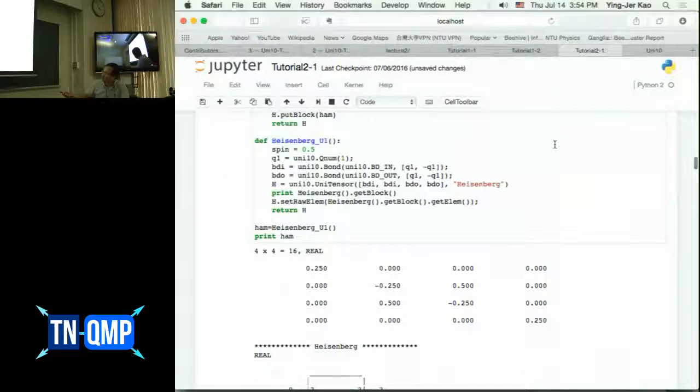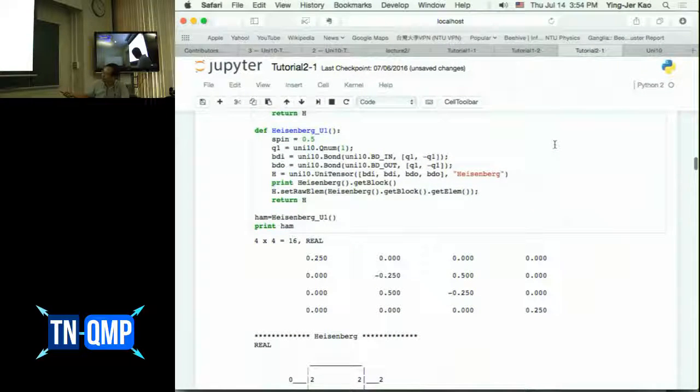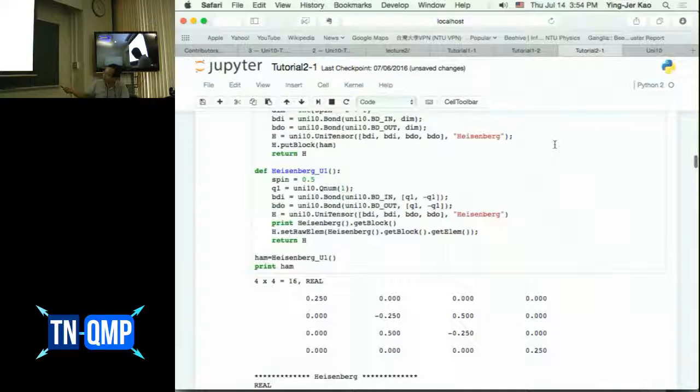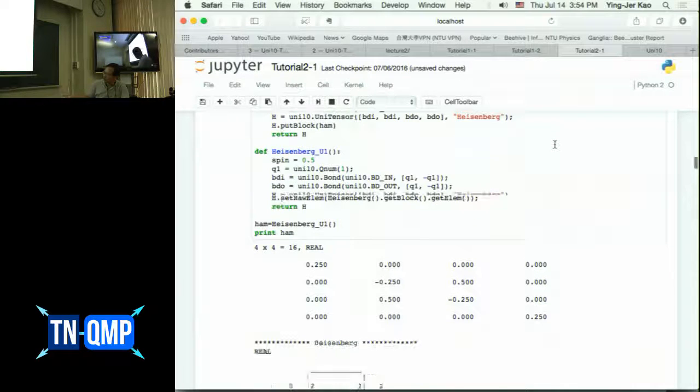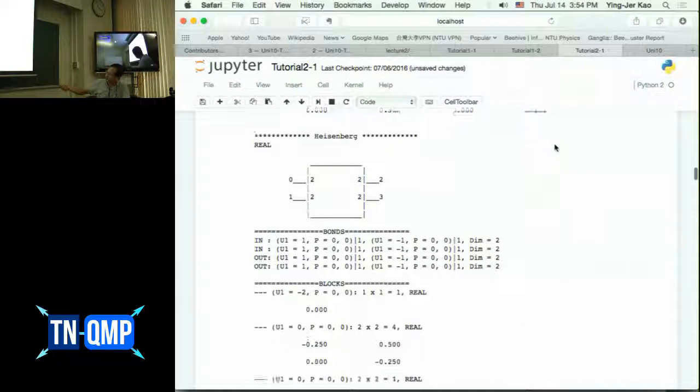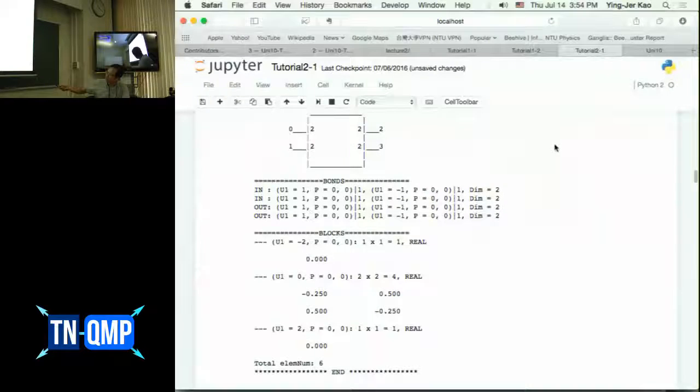So this is my U1 Hamiltonian. Look here, I basically did nothing. I just assigned quantum numbers on my legs, on my bonds, and then I just threw in this matrix. But with that, I get the information about this diagonal block structure.